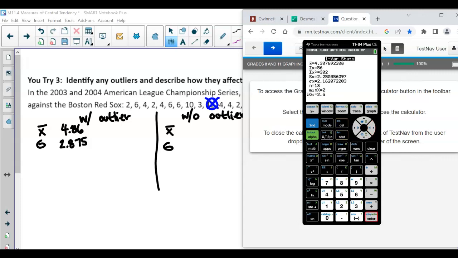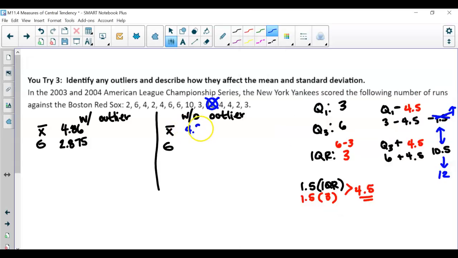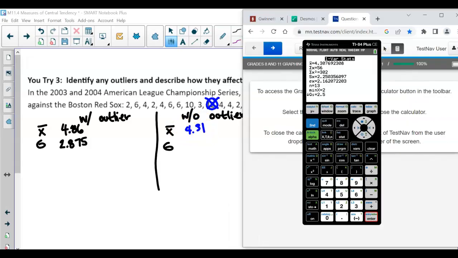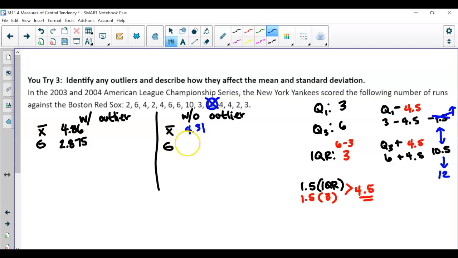The mean is 4.31 because we're going to round that, and the standard deviation is now 2.162. So notice what happened when we took the outlier out. Without the outlier, both the mean and standard deviation went down and decreased.